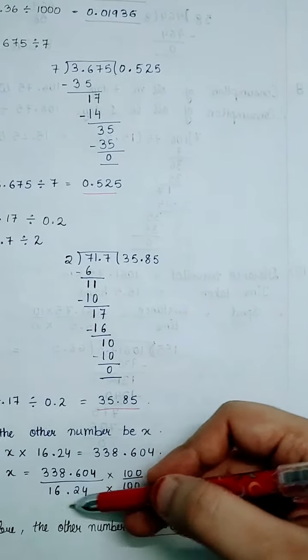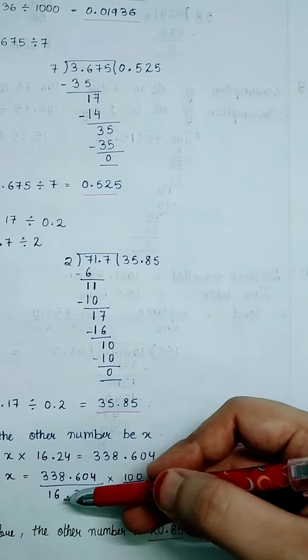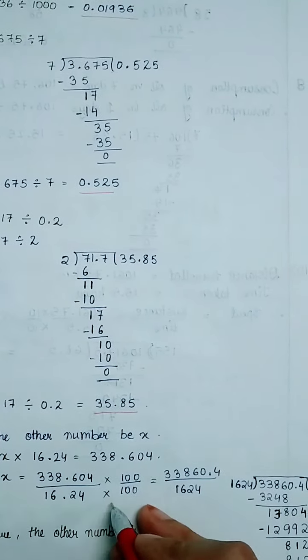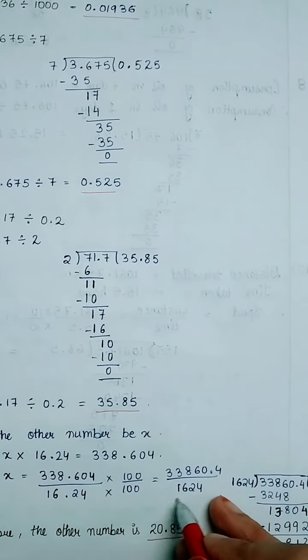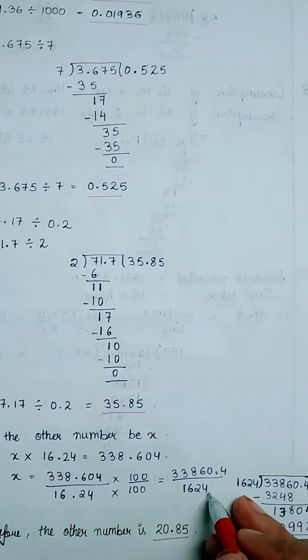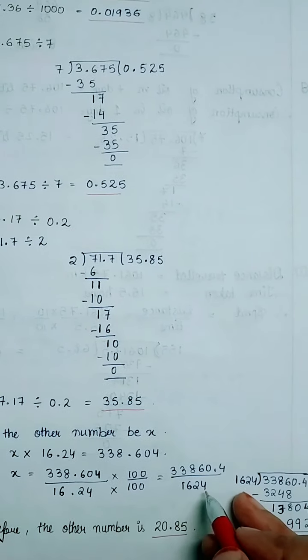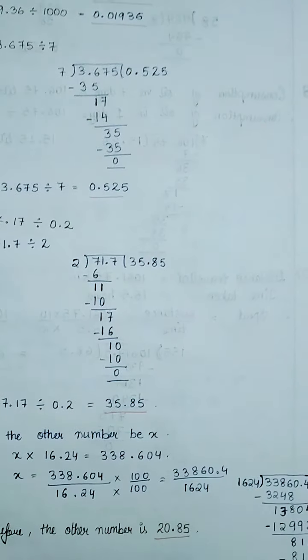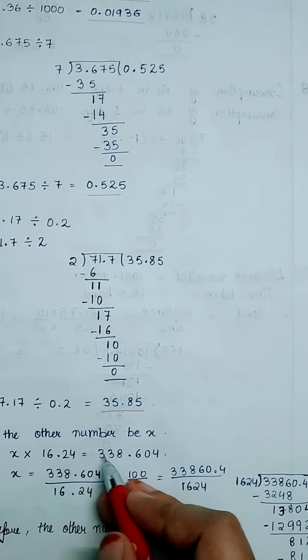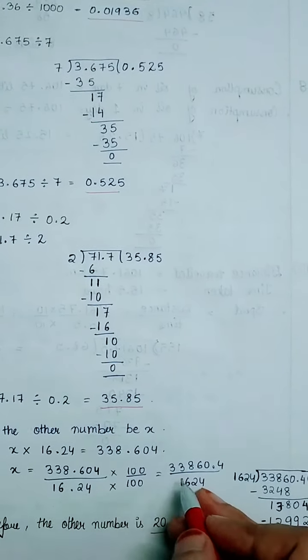Because again in the divisor part there is a decimal, we'll multiply the whole with 100 and 100. By multiplying we are removing the decimal from the denominator part. So now there is no decimal, it has become 1624 and this has become 33860.4. It will move two places to the right hand side whenever we are multiplying with 100.